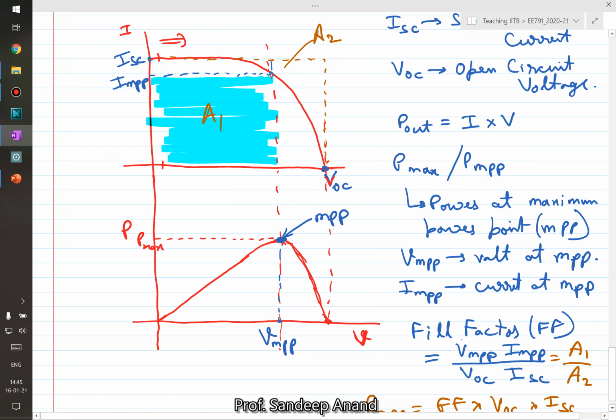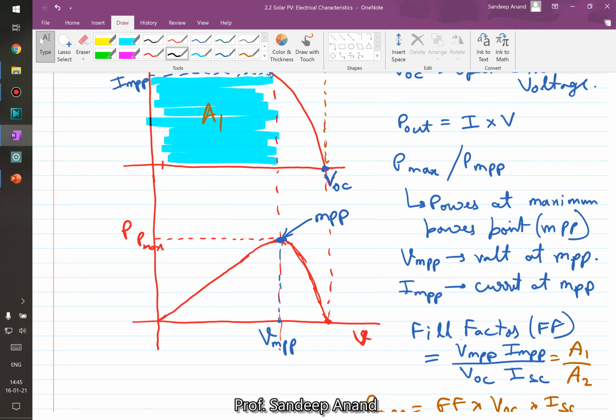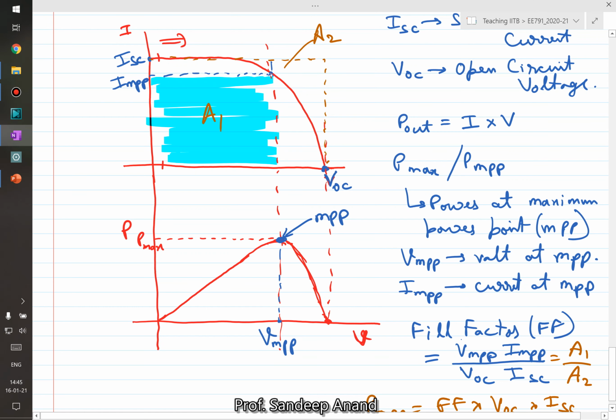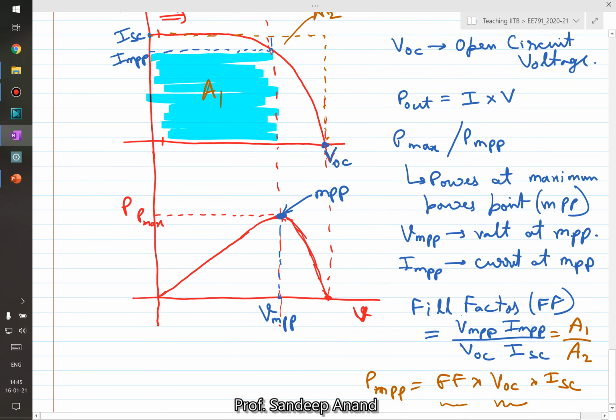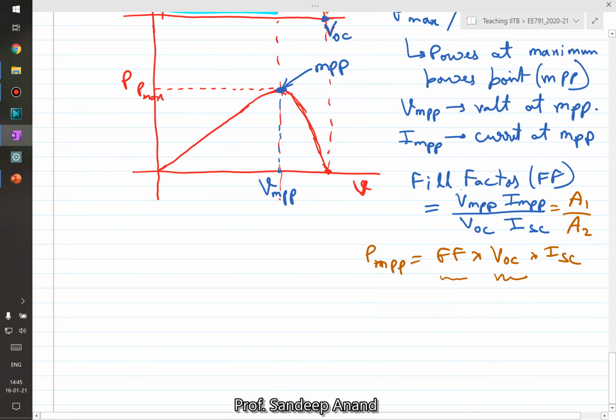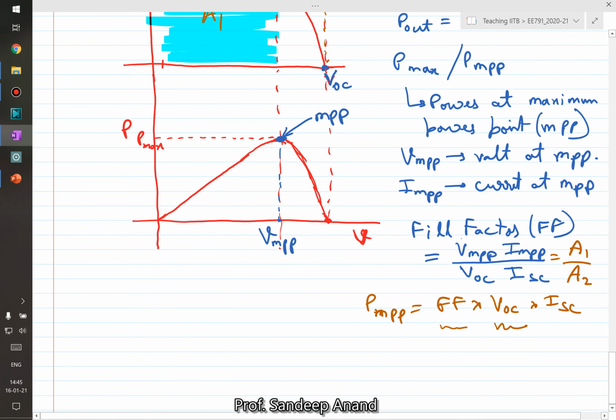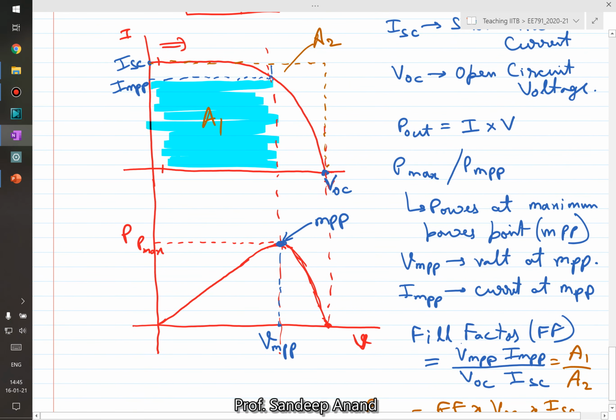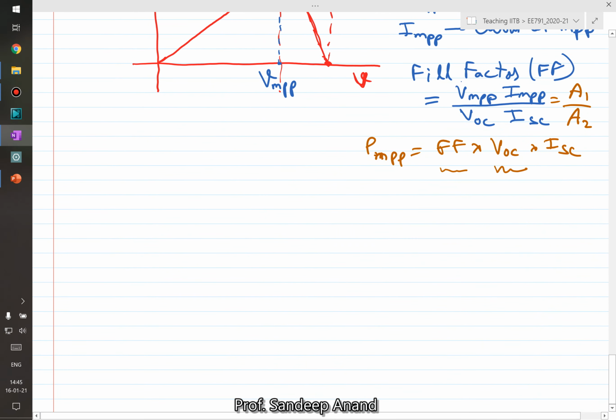Alright, once we have defined these parameters, let us see how they change. Do they change with temperature or solar radiation? How do these parameters change with cell temperature and with solar radiation? There are two main factors here: one is the open circuit voltage and the other is the short circuit current.